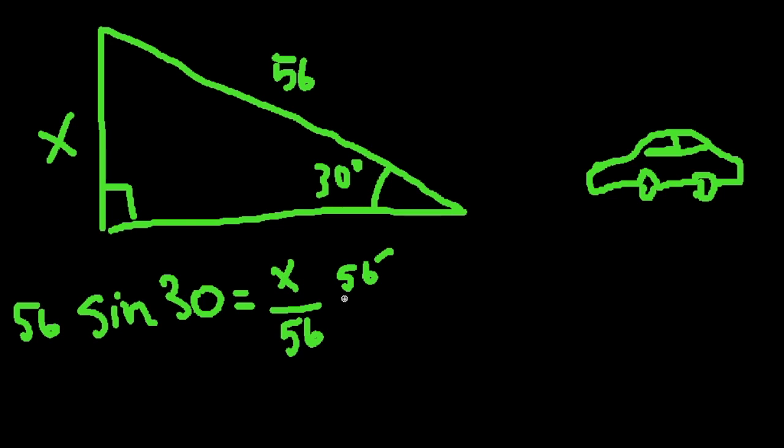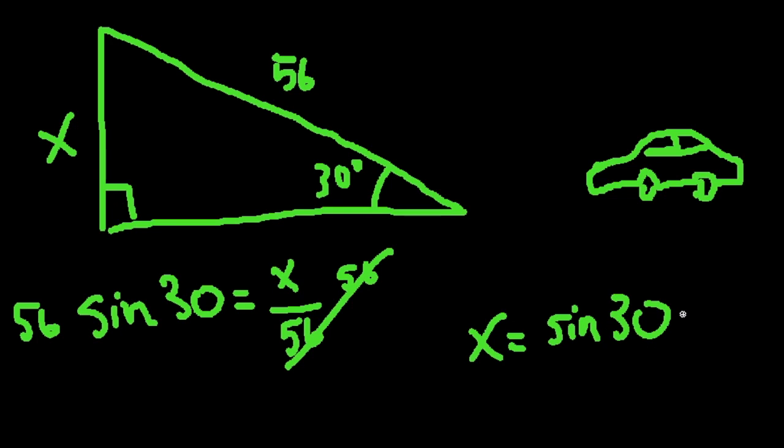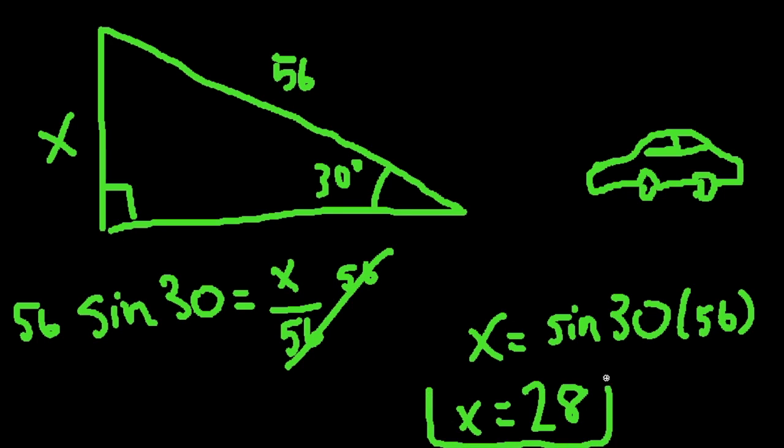So you'll multiply the 56 over to here, 56 here will cancel, so x will equal sine of 30 times 56, and we know that that equals, by typing it in our scientific calculator, x equals 28.